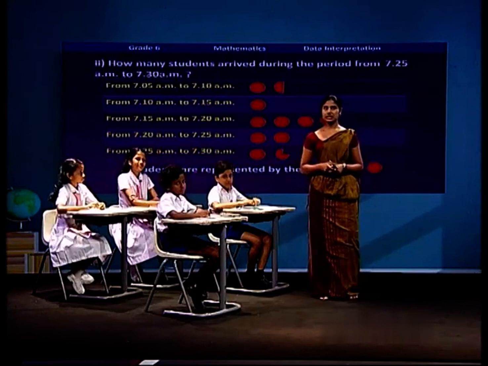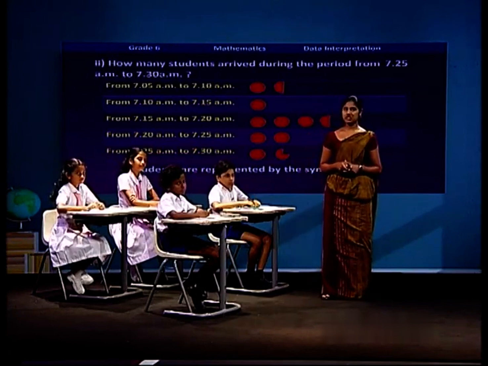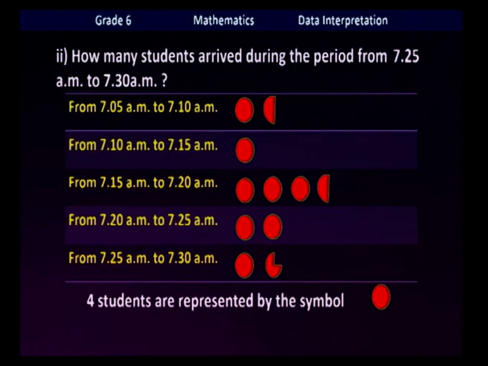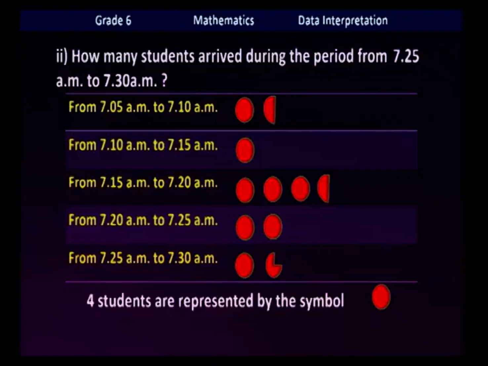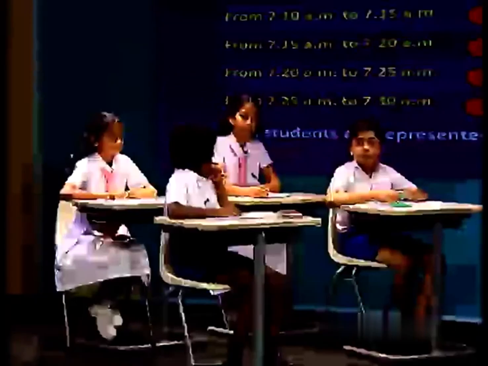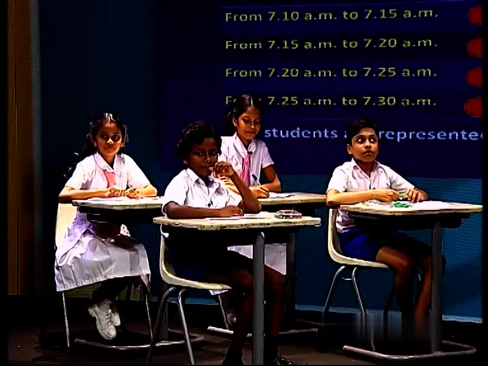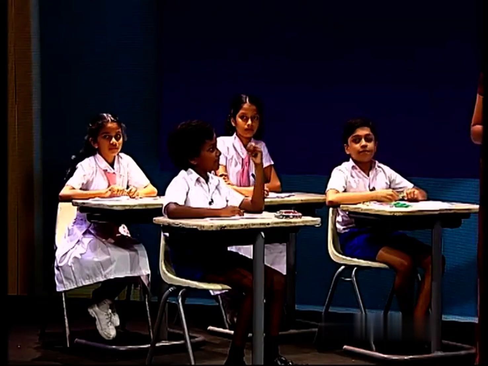How many students arrived during the period from 7:25 to 7:30? Let's see in this picture graph, 7:25 to 7:30. How many symbols can you see? 1 and 3/4. Very good. One symbol represents 4 students. Then can you give me the answer for 3/4? How many students will be represented by 3/4? 3.